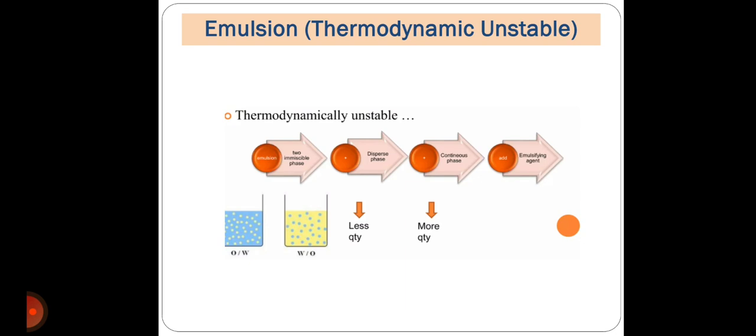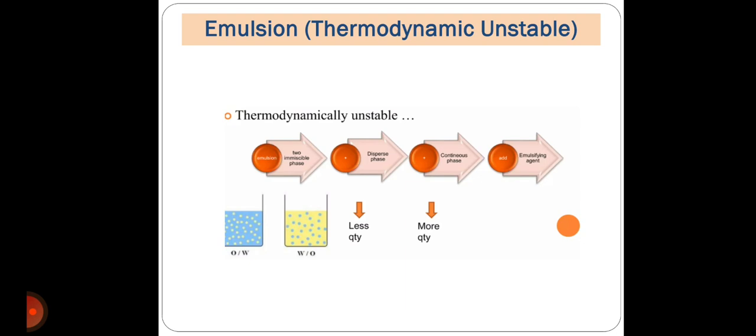Then we have to select the dispersed phase and the continuous phase or dispersion medium. The liquid present in lesser amount will work as the dispersed phase, and the liquid higher in volume will act as the external phase or continuous phase. In that, the fine globules of the dispersed phase will be dispersed.